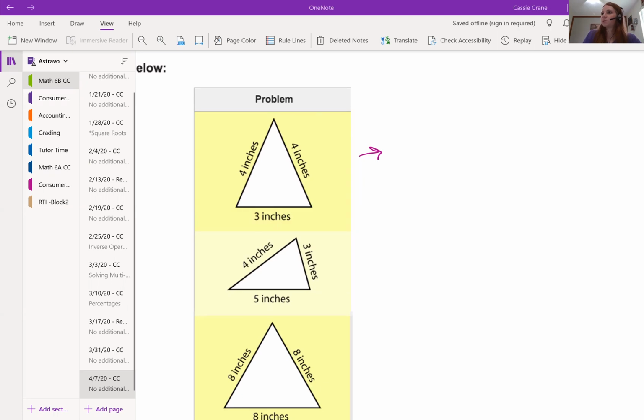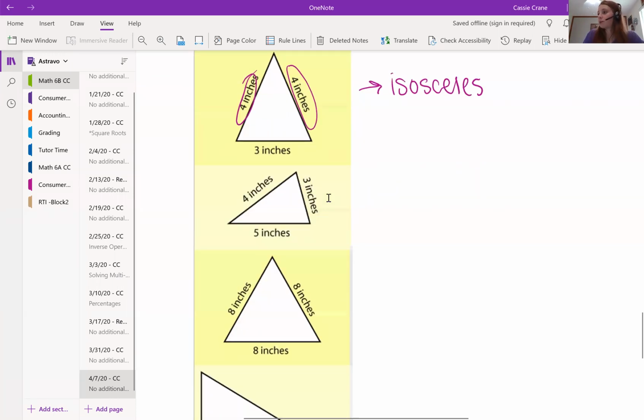How do we know it's isosceles? Yeah, 4 and 4, 2 equal sides. Okay, so that tells us it's isosceles. And the other side was 3, so it's not 3 equal sides, it's just 2.